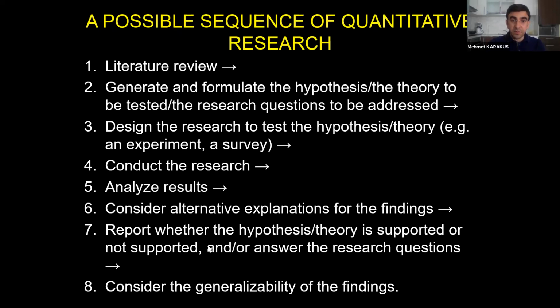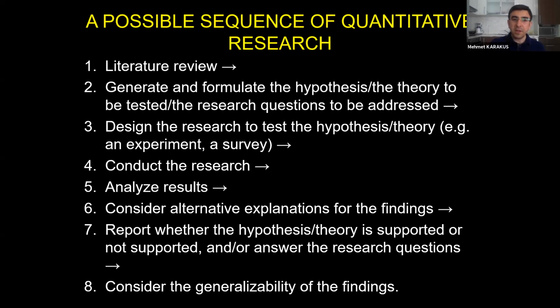We should report whether the hypothesis or the theory is supported or not supported, and or answer the research questions. And both in the literature review section and the discussion section, we should report all types of relevant resources, regardless of whether they are supporting or not supporting our results.